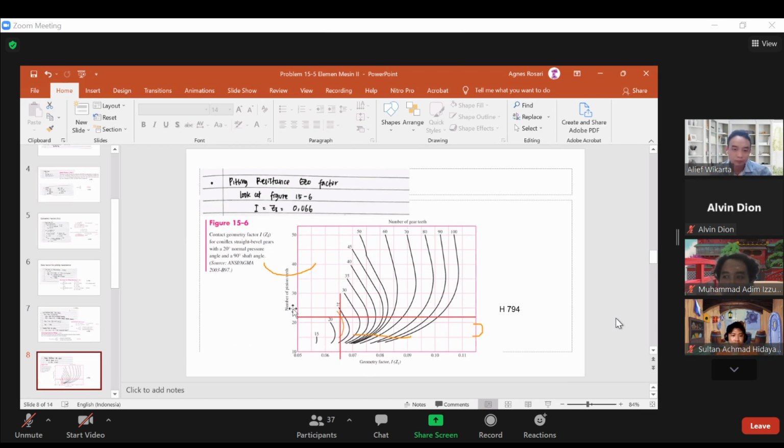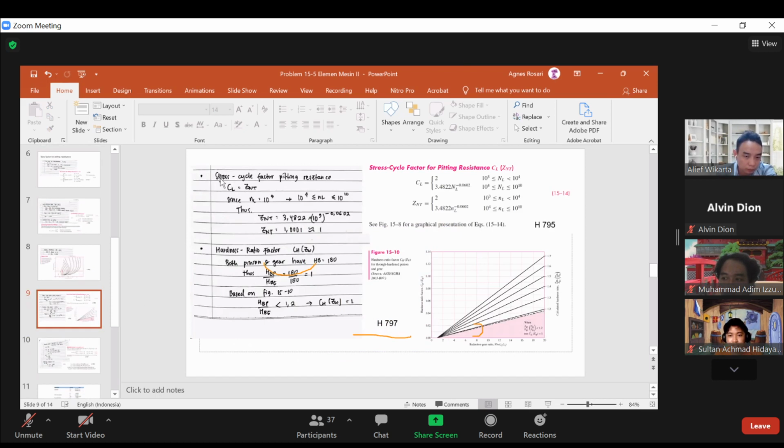We know that the number of pinion teeth is 22, so it's around here. And then the number of gear teeth is 24, so the curve can be around here. And then I got the intersection around 0.066. So we got the pitting resistance geometric factor equals 0.066.